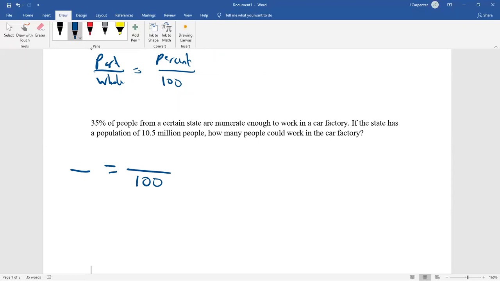All right, so what else goes where? Well, the 35% has to go with the 100, and if you do this, 0.35, that would be wrong. Well, yes, 35% is 0.35 as a decimal, but it's also 35 over 100 as a fraction.